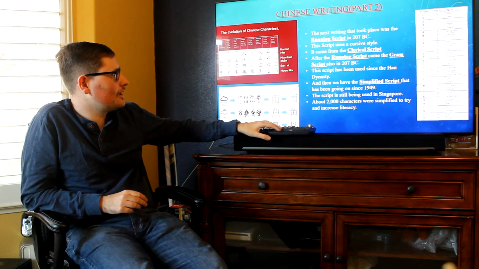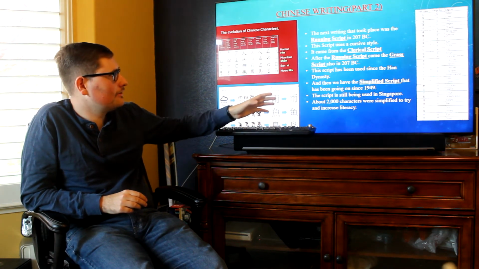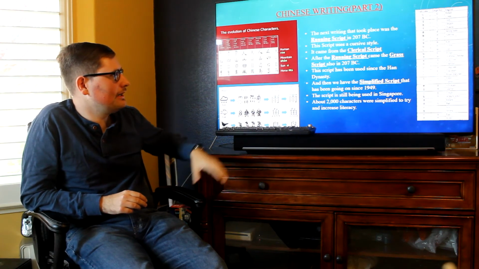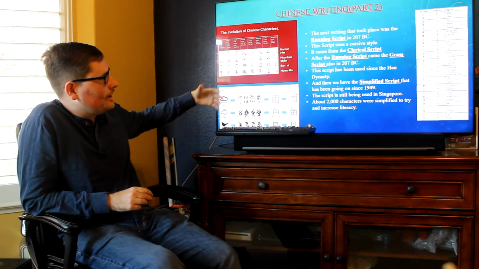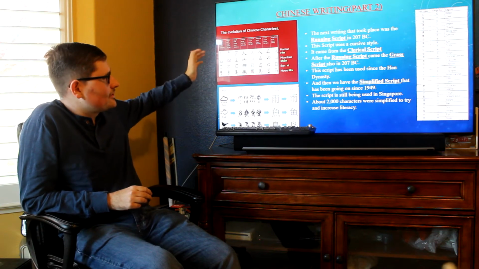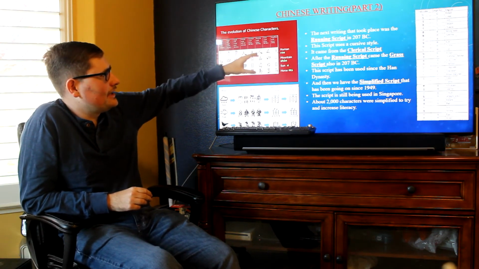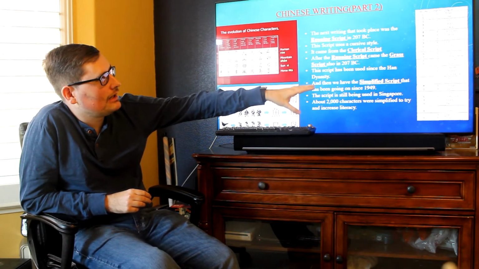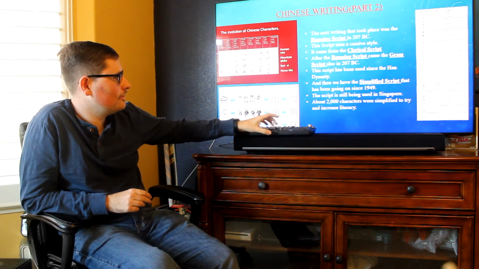So we have Chinese writing here, the running script, the circle script again, and then the simplified script. And then we have more pictures to show the evolution of how it started from the oracle bone script and went to the simplified script. So there's traditional and the simplified, and then you see English, so you will know what it is.